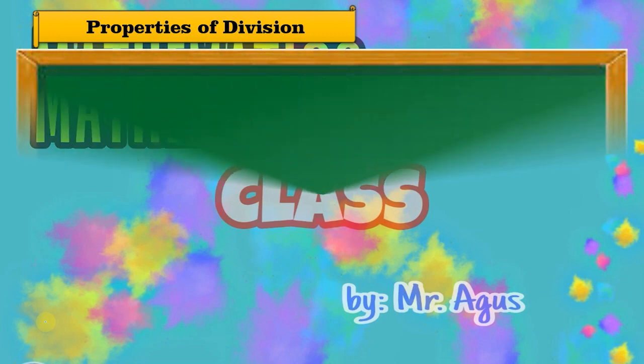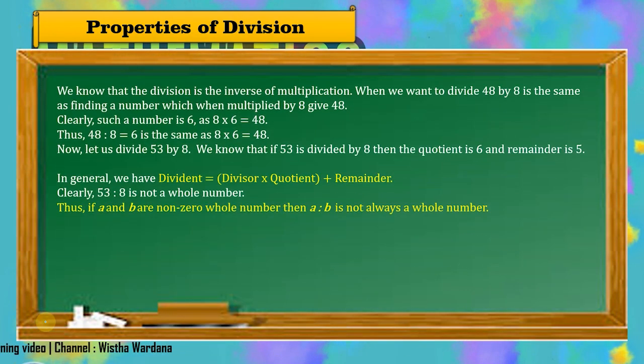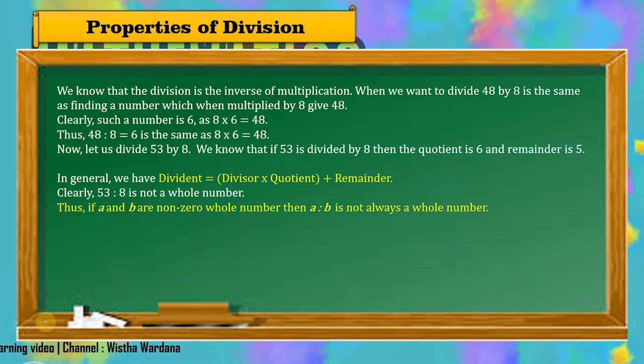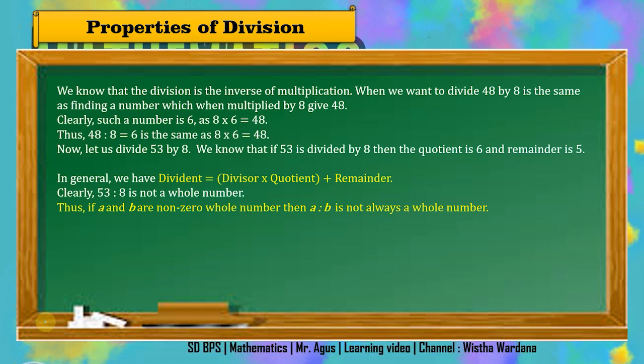Properties of division. Actually, there is none that the division of whole numbers satisfies. So let's start to understand again the meaning of division. We know that division is the inverse of multiplication.